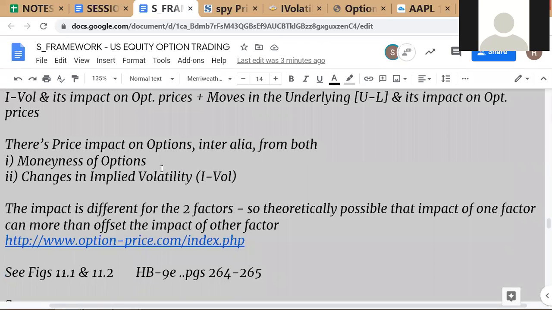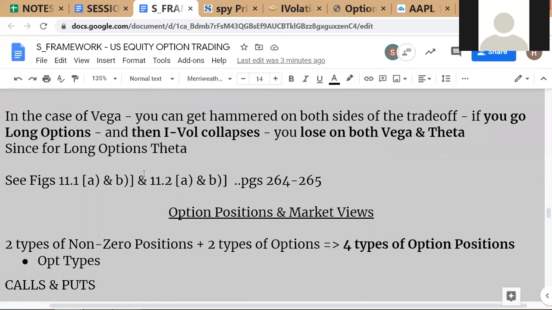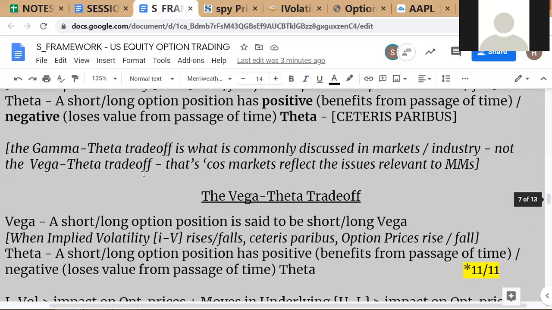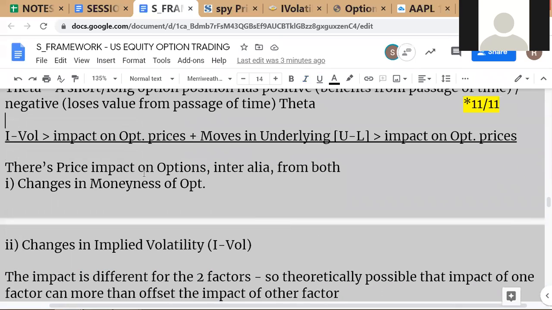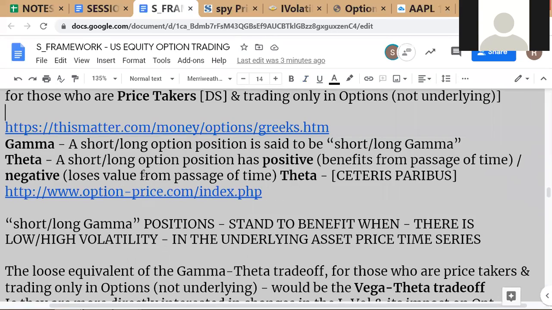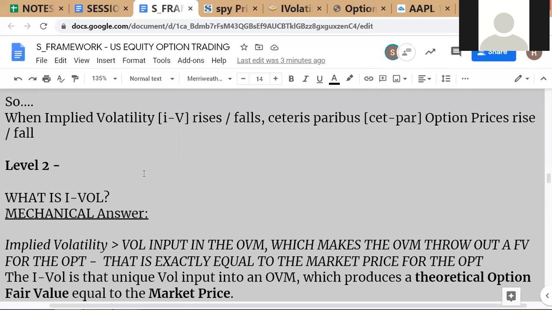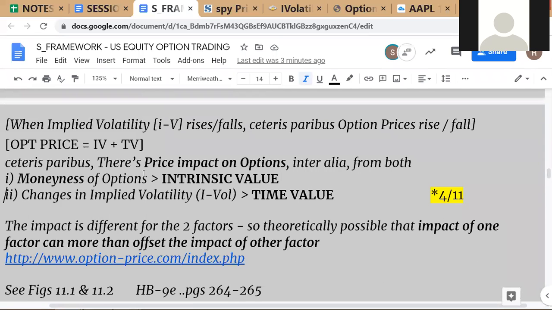That we have to always think about the option price impact. Whenever you see the price impact on options, let me just copy this so that I don't have to write this every time. We have written this in many parts of our notes, but there's a part where I have actually connected it to your intrinsic value and time value. Here. So let's take this and ceteris paribus. This is the framework that you have to remember.